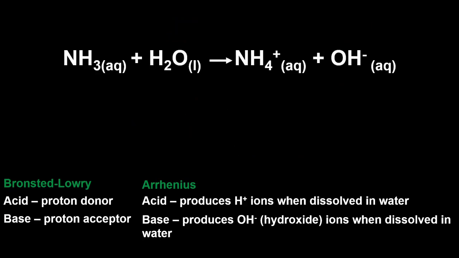Let's observe another one. We have here ammonia mixed with H2O, or water. Then this forms the following. As you see here, NH3 goes to NH4+, meaning it accepted one H+, and in this case the H+ comes from the H2O molecule.